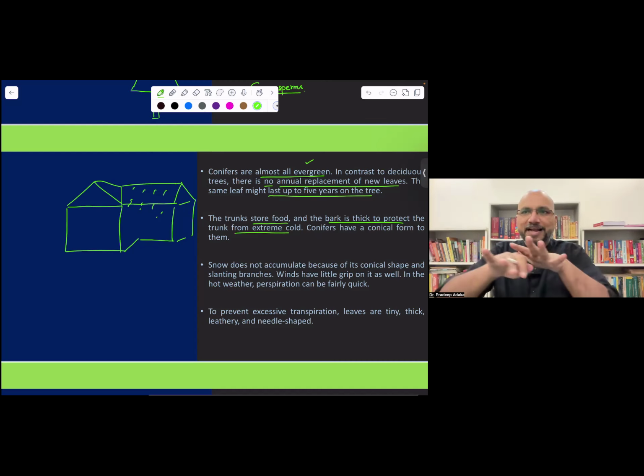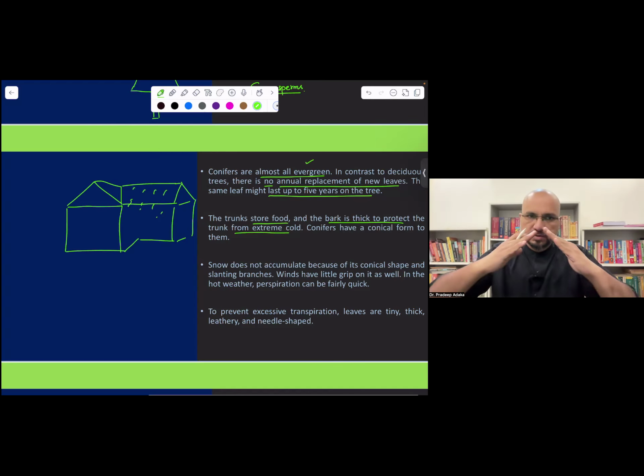In India, except in the Himalayan regions, our houses have flat roofs. In Kashmir and other regions where snow is very common, they have this kind of conical shape, so that the snow may easily slide down.